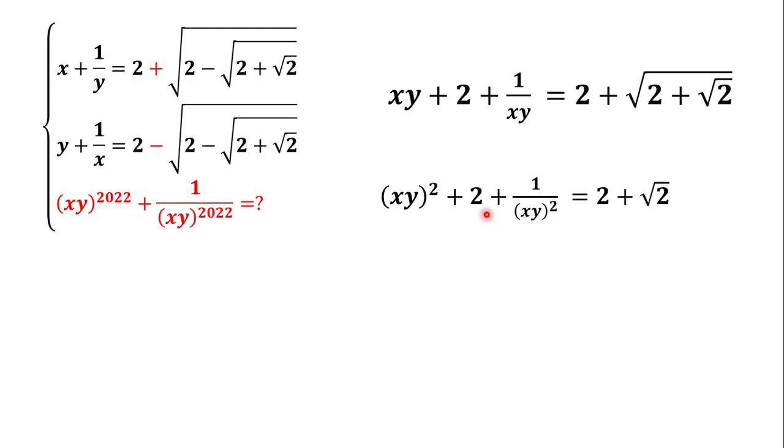Once again, we can subtract 2 from both sides, and we're going to get (xy) to the power 2 plus (1 over xy) to the power 2 equals radical of 2.